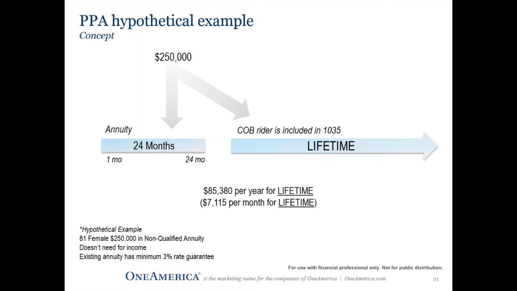Now think about this. If this gal winds up needing 10 years of long-term care, which, by the way, is really not that absurd to think about. I mean, if she winds up with Alzheimer's and is in a memory care facility, remember I mentioned it earlier, the average length of stay in a memory care facility is between 8 and 10 years. And that doesn't account for assisted living or home health care prior to that point.